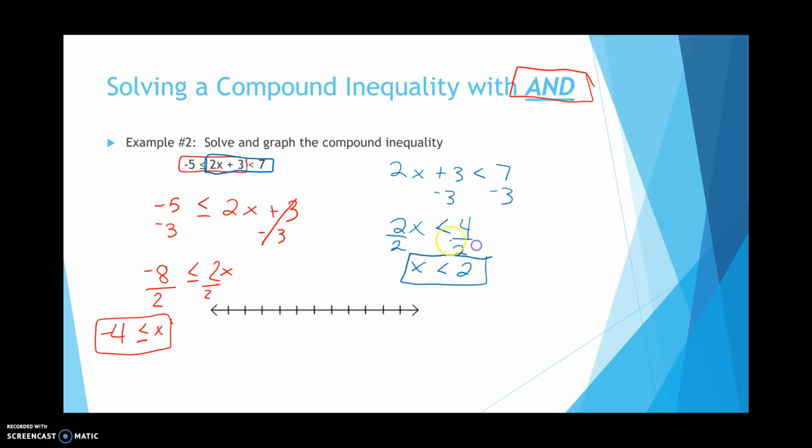Now that I have this, we have -4 is less than or equal to x, and x is less than 2. How can I write this as an "and" situation? Well, my final answer is going to be written like this: -4 is less than or equal to x, and x is less than 2. So now let's graph this. We can create our number line.